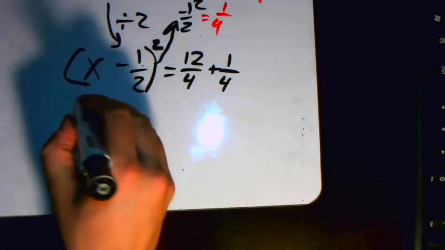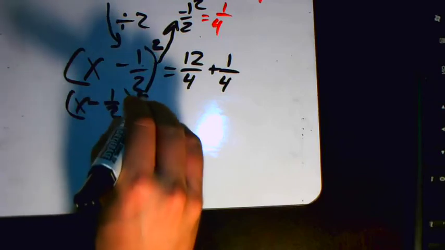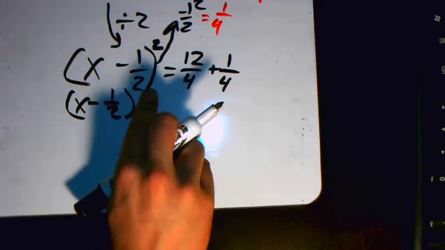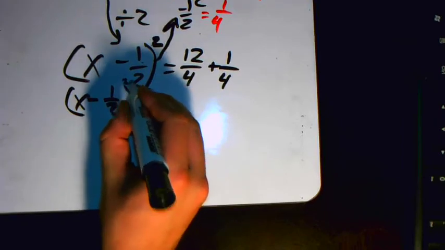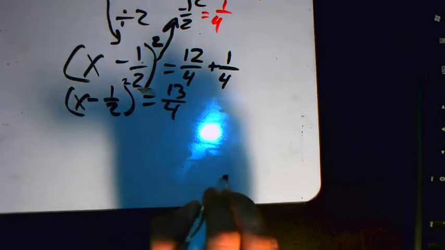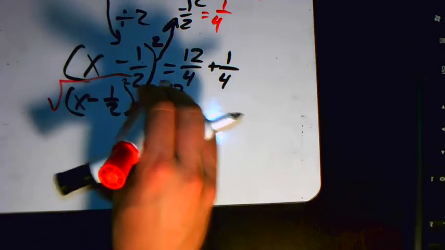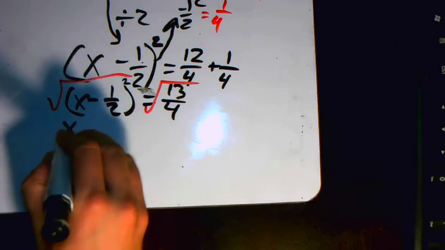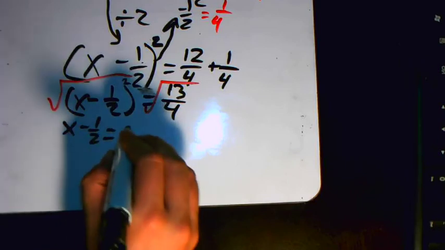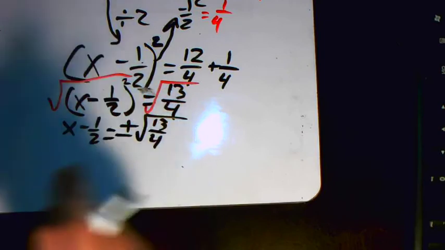Twelve plus 1 is 13. We have x minus 1/2 squared is equal to 13 over 4. Take the square root of both sides. We have x minus 1/2 is equal to plus or minus the square root of 13 over 4.